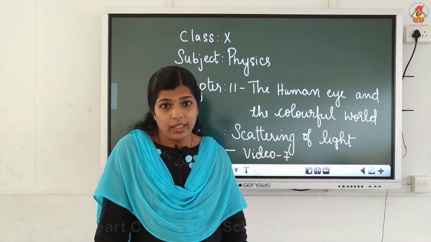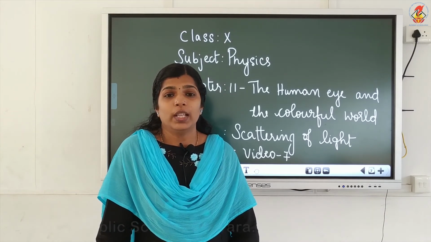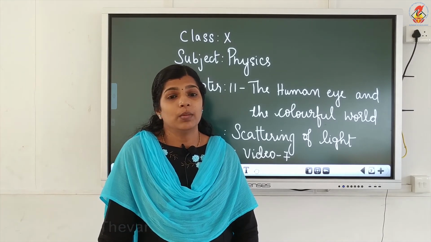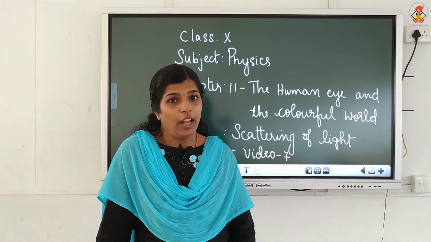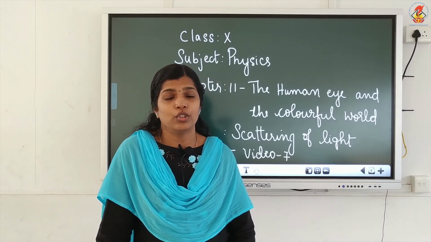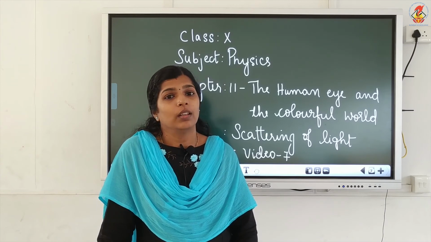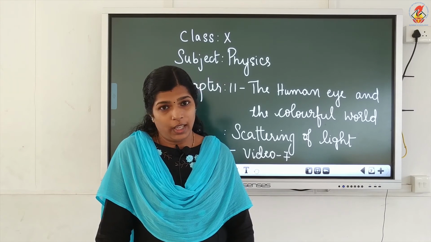Danger lights are red in color. Fog lights are yellow in color. Why are fog lights yellow in color? Yellow light is the most sensitive color to the human eye. So, scattering will be less, and it is the most sensitive color to our eyes.